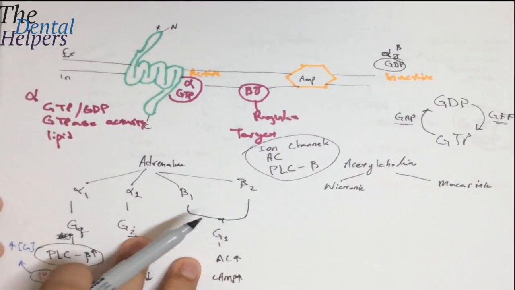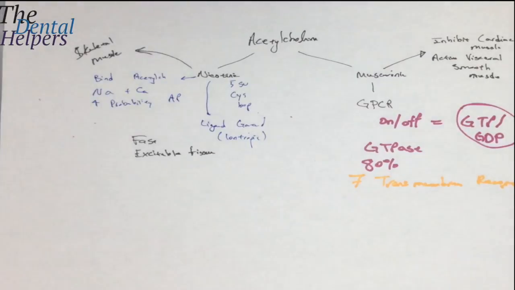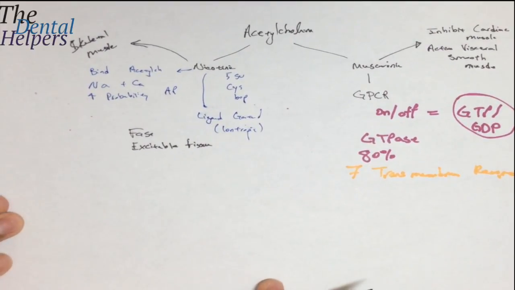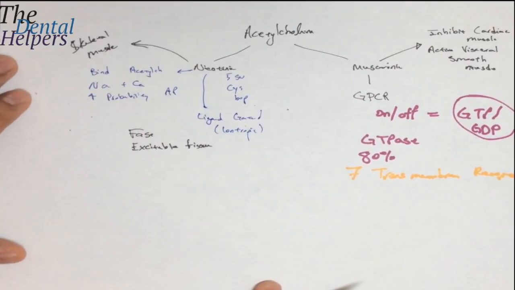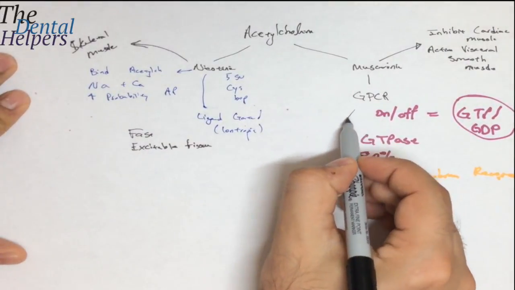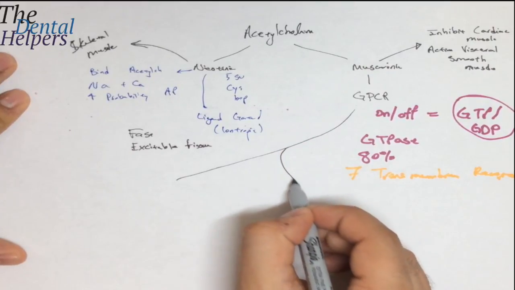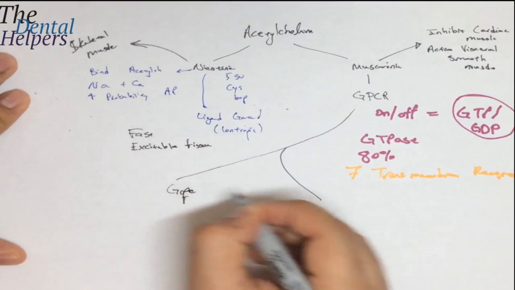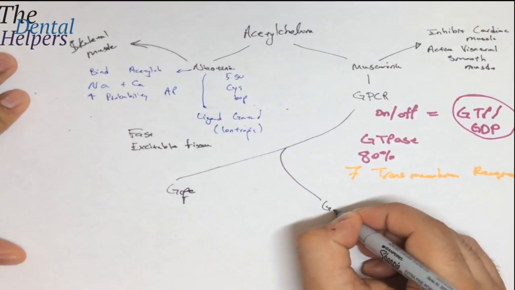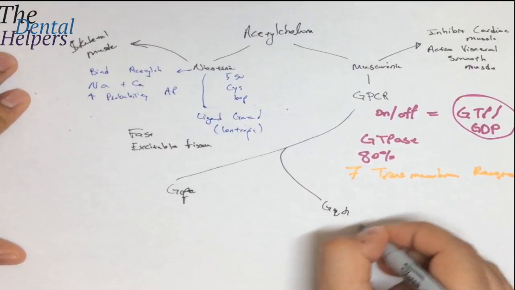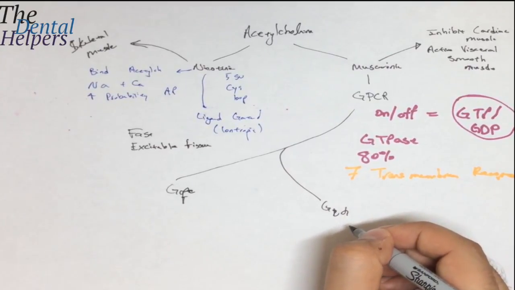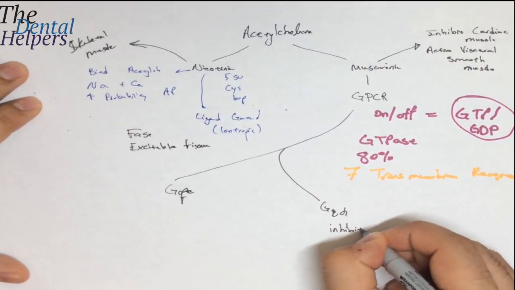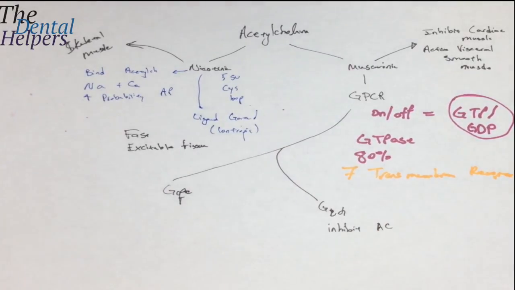Now if we go back to our acetylcholine here, much like what we saw with GPCR, it's going to have some effects. So it's going to be involved with Gq alpha, and it's also going to be involved with Gi alpha. And we remember that the Gi alpha form is going to be the inhibitory form. So it's going to inhibit adenyl cyclase.